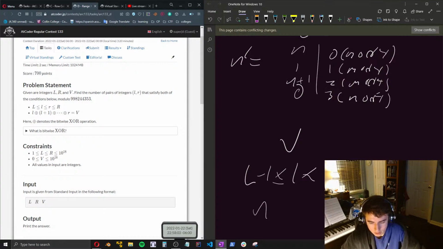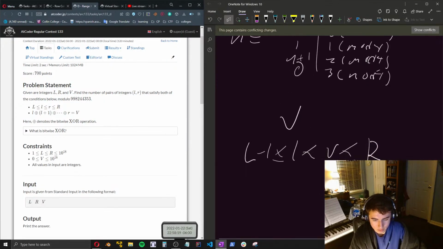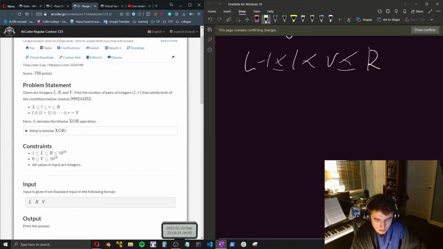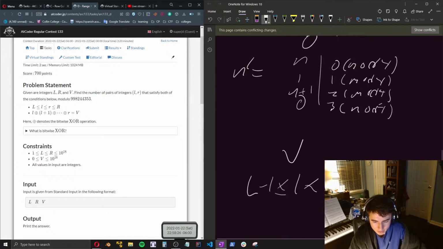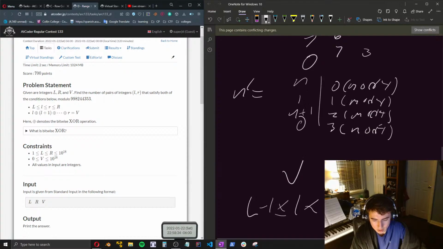So for 2 modulo 4, based on the values modulo 4, all the bits above the bottom ones are set, right? And then the bottom 4 bits are uniquely determined just by the casework modulo 4.